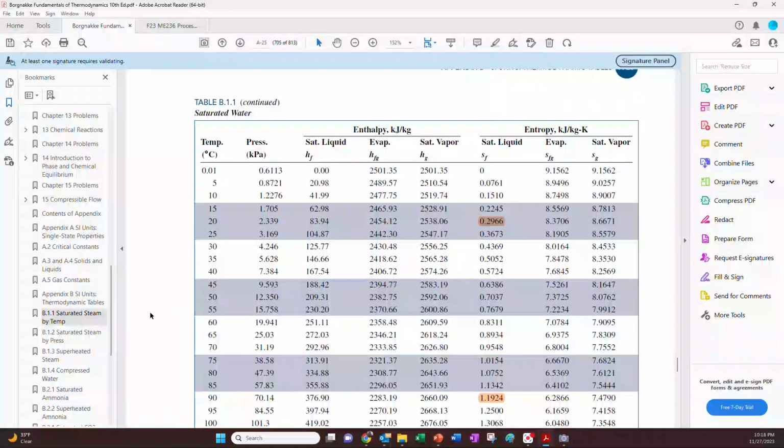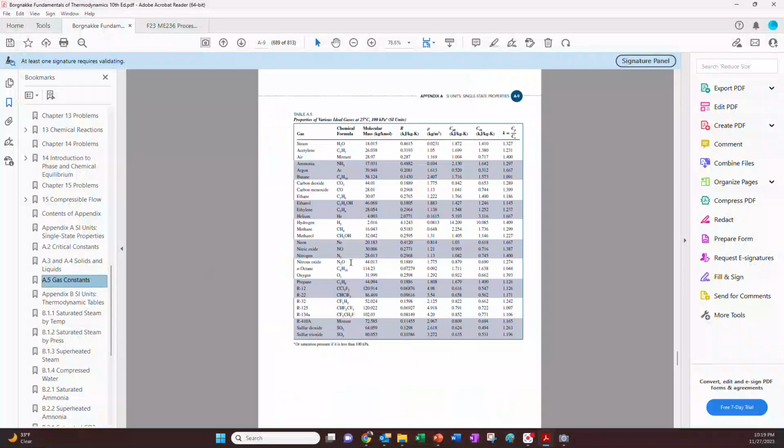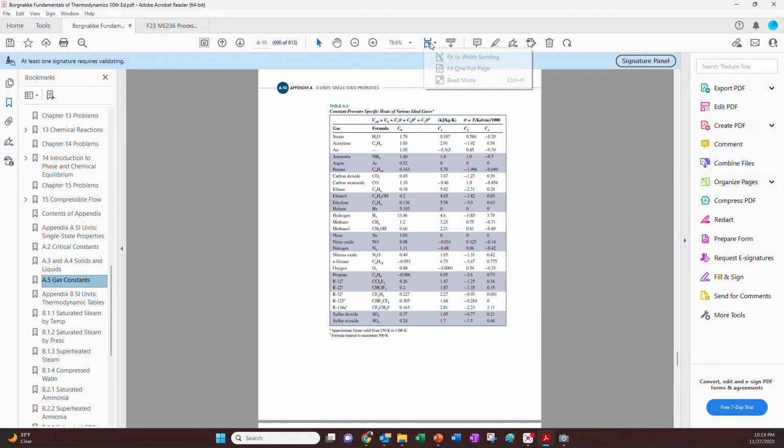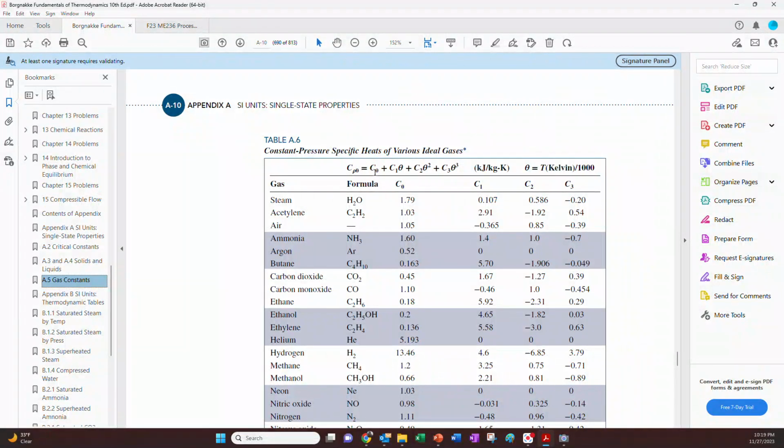We don't really use this very much, or we haven't. Here's A.6, but recall that you could get the specific heat from this equation where we use theta. We replace theta by dividing the temperature in Kelvin by 1,000. And we have these coefficients, boom, boom, boom, boom. But now we have Cp as a function of temperature. And I'll do an example where we do that. Of course, we're not going to do this very often, but it can be done. But we'll demonstrate that it can be done.